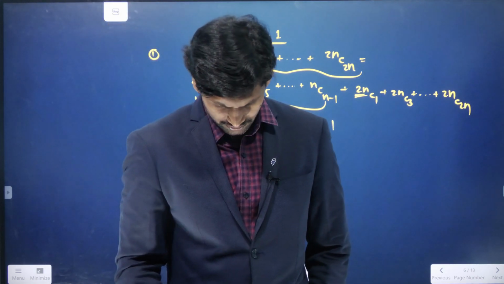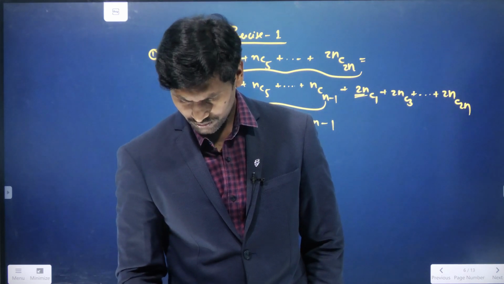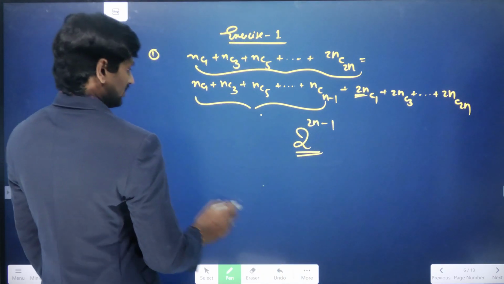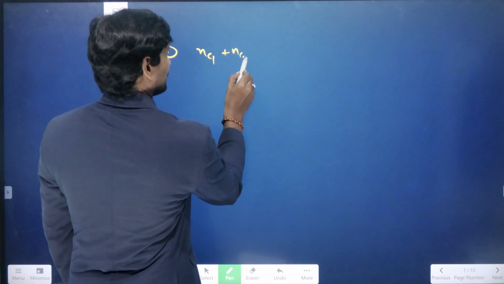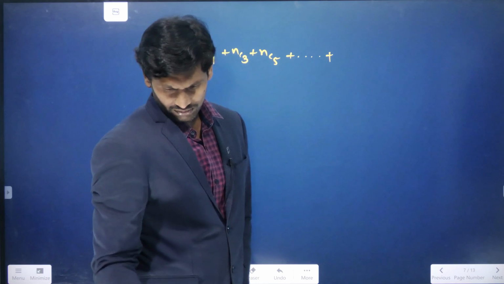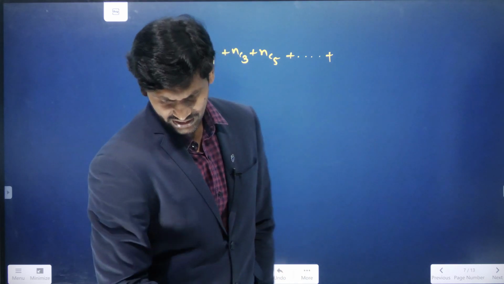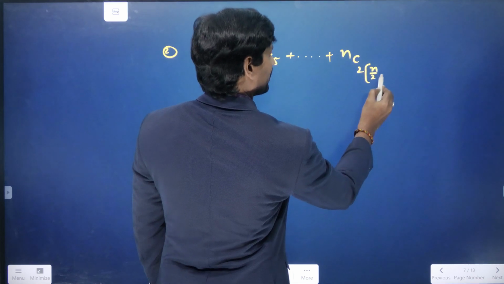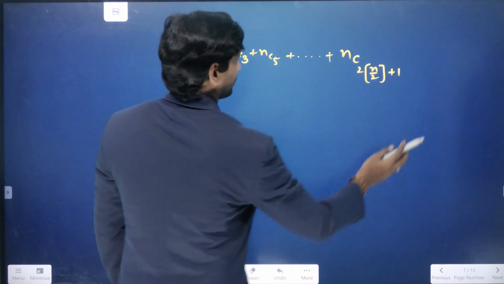Okay. So let us go to problem number 2. If n is an odd term, then nC1 plus nC3 plus nC5 plus and so on plus nC of 2 into greatest integer function of n by 2 plus 1, minus 1 here.